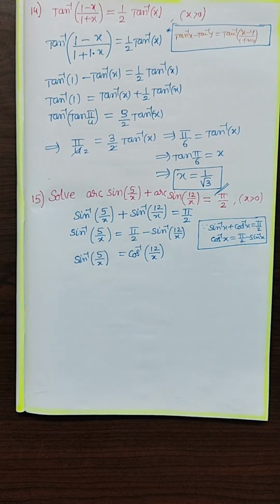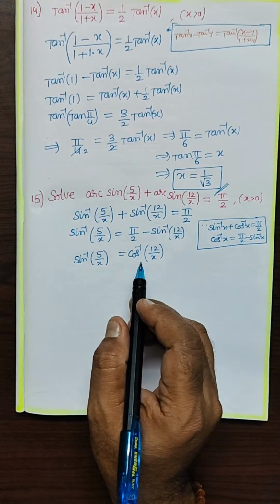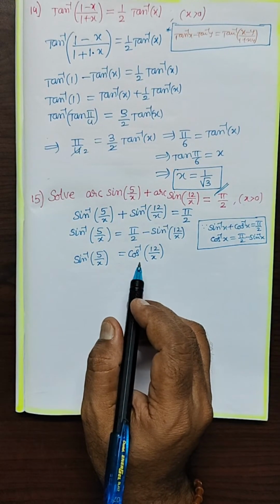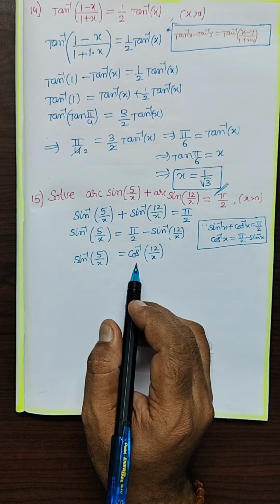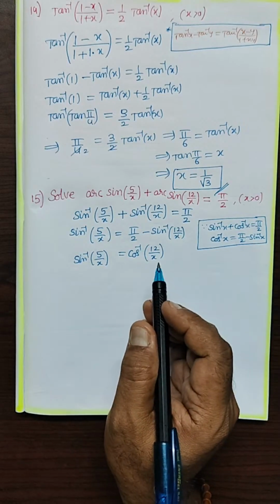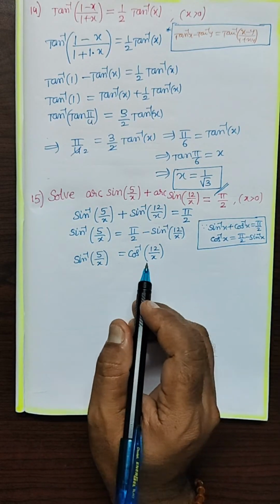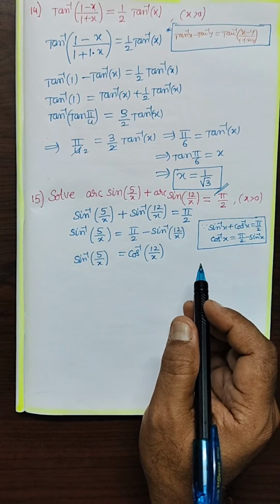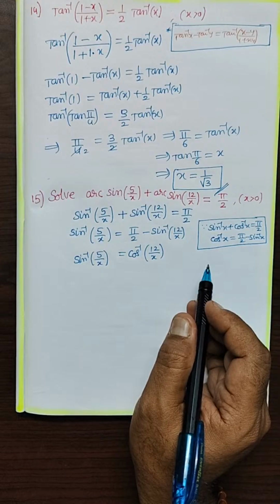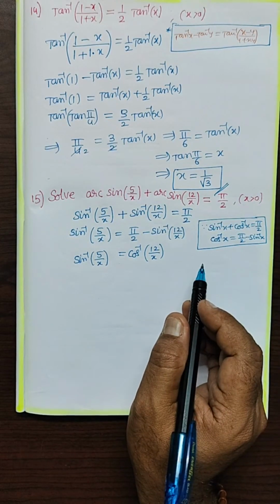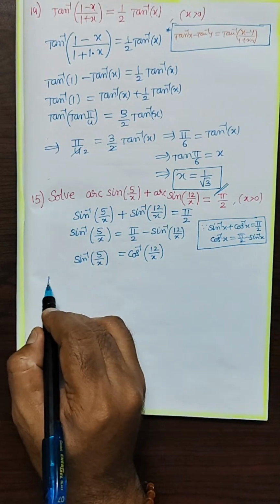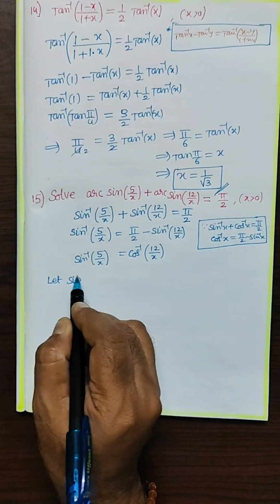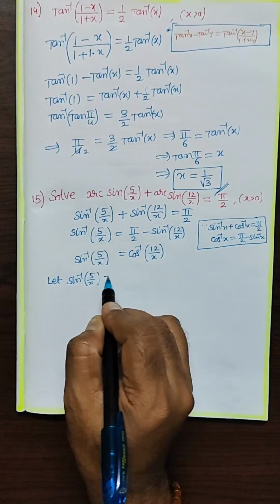Okay, dear students. Any one of the sides we can take as some alpha and proceed. Let sine inverse of 5 by x be equal to some theta.